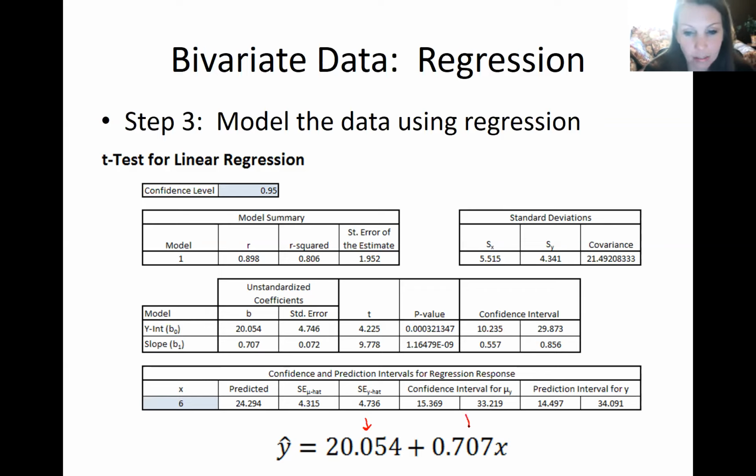The really awesome part of our model, the one that we love, is the slope. What the slope says is that for every 1 inch increase in arm span, we expect your height to increase by 0.707. Arm span was x, right?